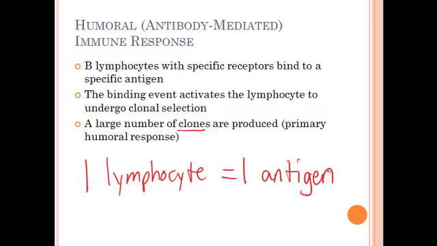Our body is able to recognize, I don't even know a number, millions of different antigens that we'll come in contact with throughout our life. And so it's amazing. It's an amazing way that our immune system has evolved and developed, this example of how it's able to recognize these antigens. But this is important. It's very specific, one lymphocyte to one antigen. And this is why this is the specific system, because of this relationship here between the one lymphocyte and the one antigen.